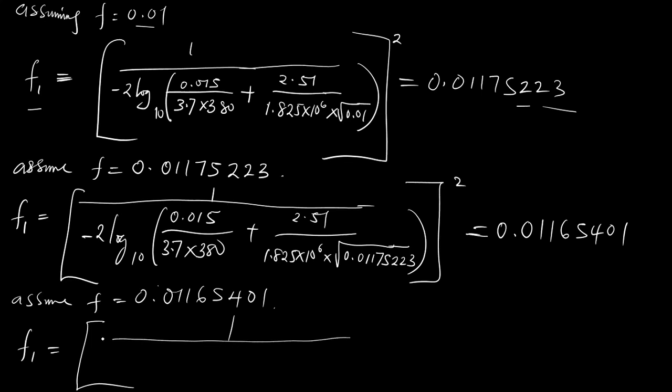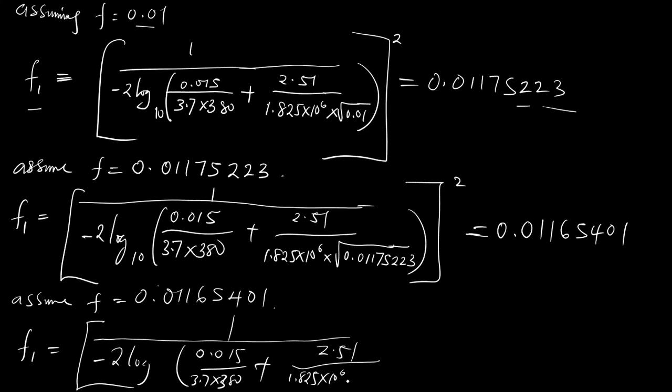1 all over minus 2 log, 0.015 divided by 3.7 times 380 plus 2.51 divided by 1.825 times 10 raised to power 6 times the square root of 0.0116540, all squared.